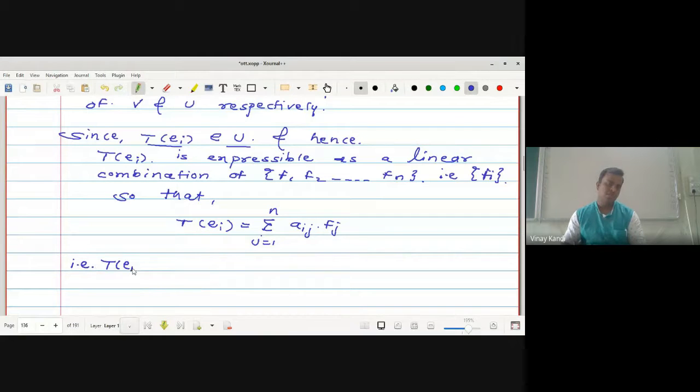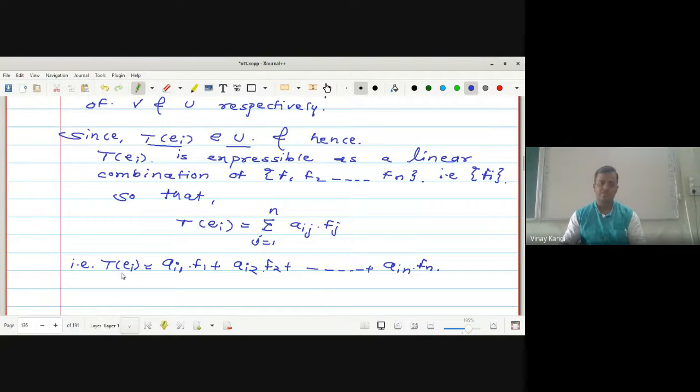That is, T of ei is equal to this summation over j. If we put j equal to 1 and so on, we get ai1 into f1 plus ai2 into f2 plus up to ain into fn.